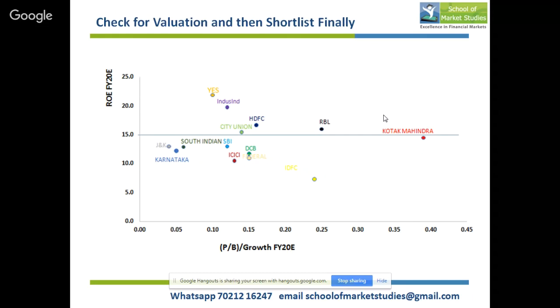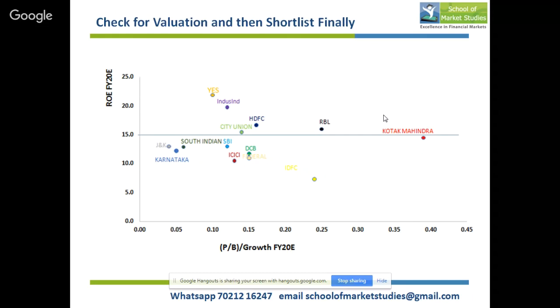So we will keep Yes Bank out, and then we are left with IndusInd, HDFC, Kotak, CUB, and RBL. Now let's dive deeper into these banks and understand how they compare with each other.